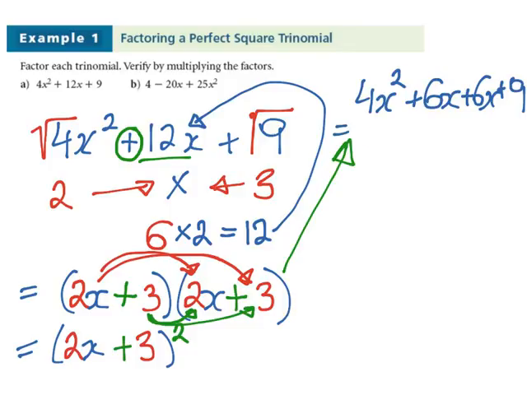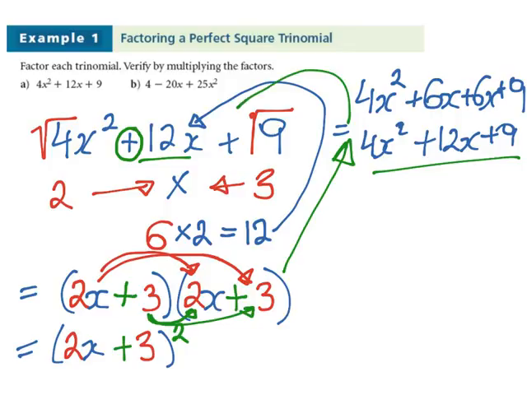Combine like terms: 4x squared, and 6x plus 6x is 12x, plus 9. Notice that it's identical to the original question, so we checked it. I want to show you where this 6 times 2 comes from. There's one 6 and the other 6, and 2 times 6 is 12 right here.